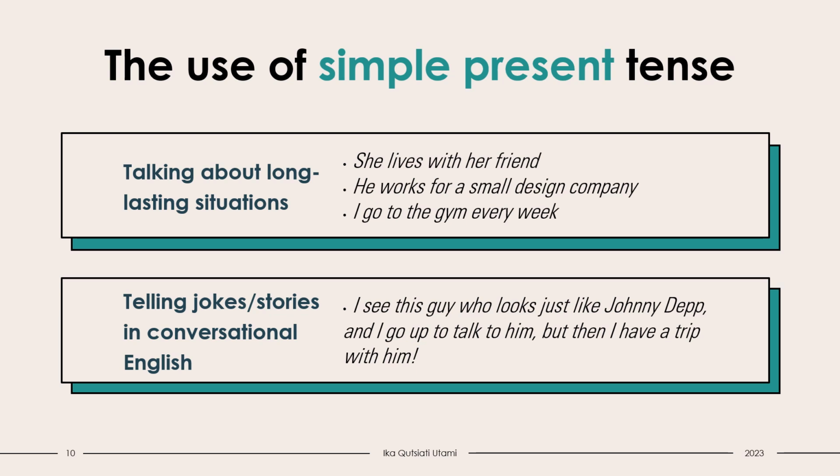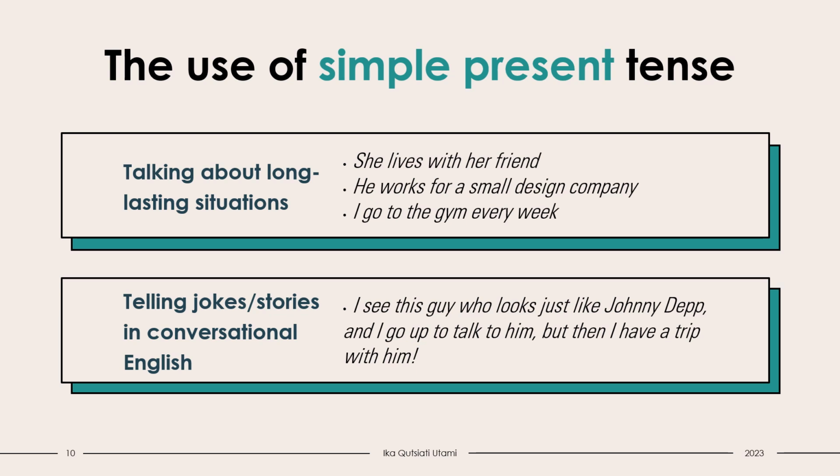So, in all these sentences, both forms are possible. You can use simple present or present continuous tense. But the present simple shows that these situations are long-lasting, while the present continuous shows that the situation probably won't continue for a long time. Hopefully, you can understand. Okay.